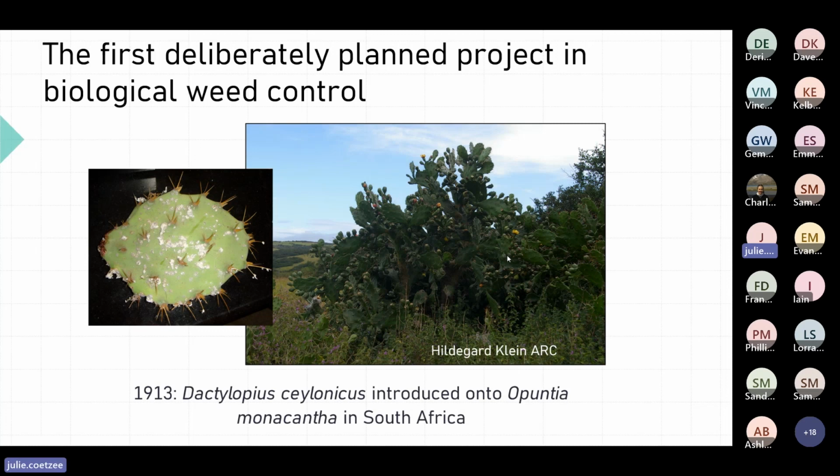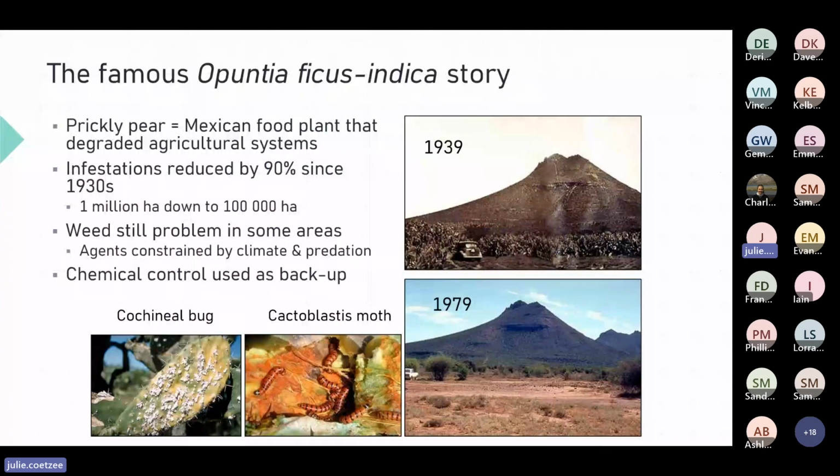And cactus biocontrol is probably what makes biocontrol famous in South Africa, with these really spectacular successes that we've had over the years. And one of them that probably most people know about is the famous Opuntia ficus-indica story, or prickly pear, which is a Mexican food plant that was introduced into South Africa as a fodder plant.